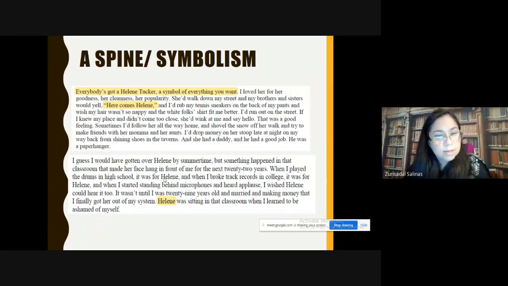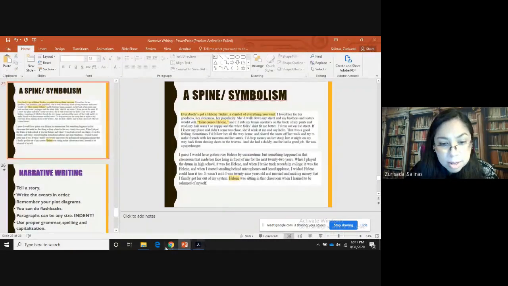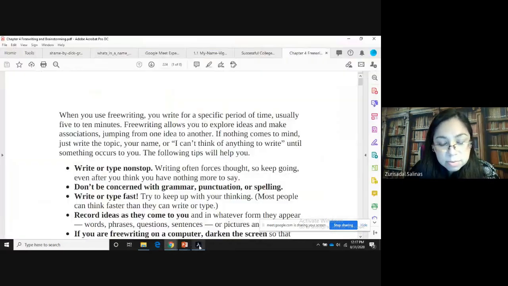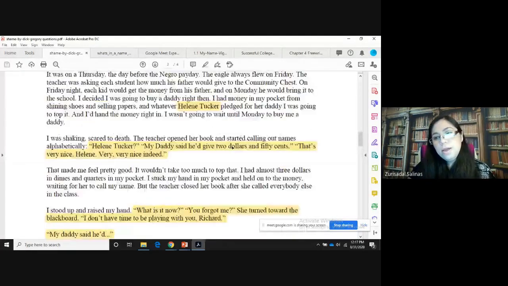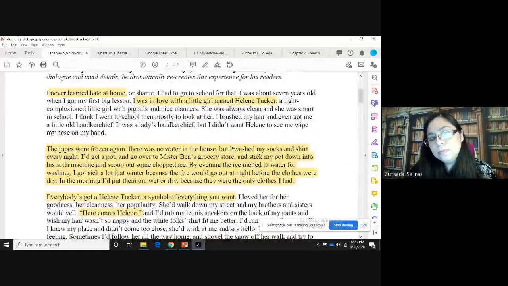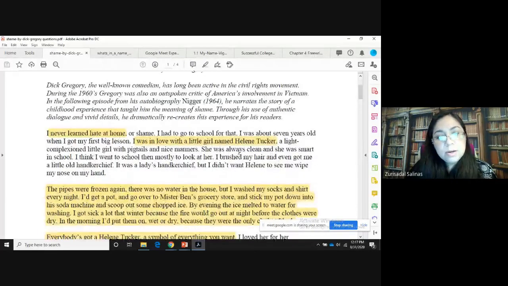Okay, so let's get back to that. I'm going to just show you the full story just so that you can see what I mean. All right, so here we have all throughout, this is the story. All throughout, he started with Helen Tucker. "I was in love with little girl Helen Tucker." Okay, so this name becomes the important individual in his life that ties this whole story together.